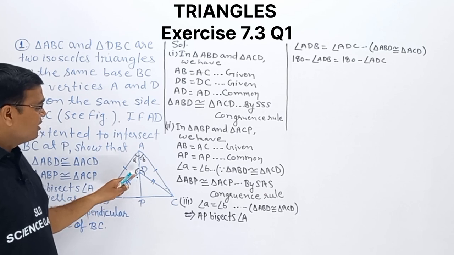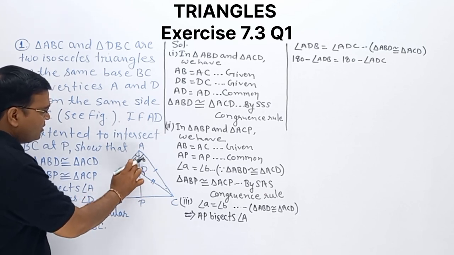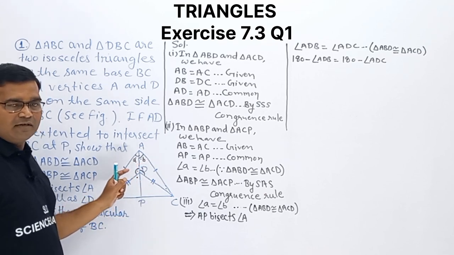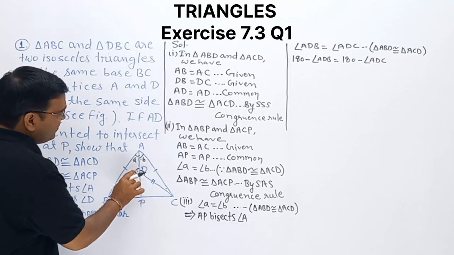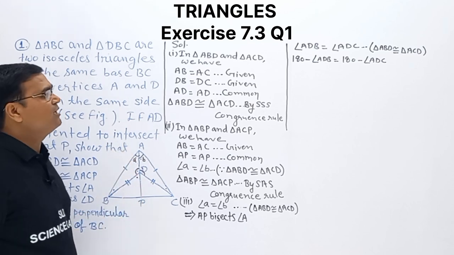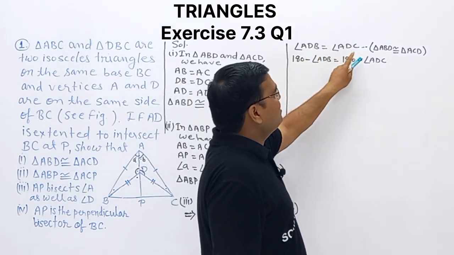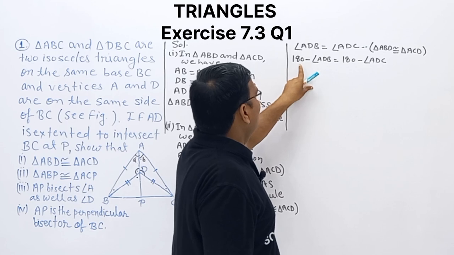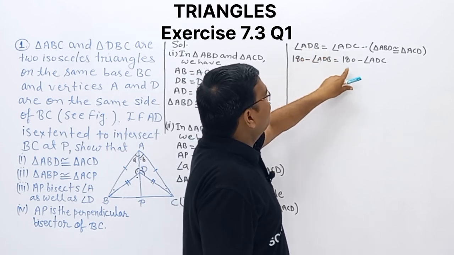How are we getting this? The sum of a linear pair of angles is 180. One straight line, and at the straight line the sum of these angles will be 180 degrees. Since angle ADB equals angle ADC, we do 180 minus this one and 180 minus this one.